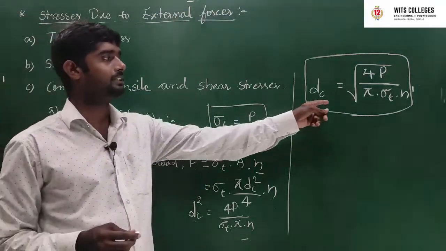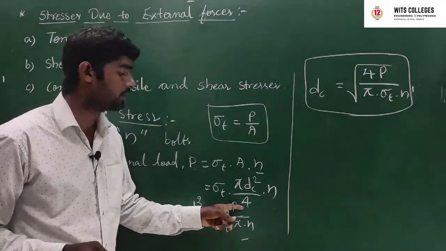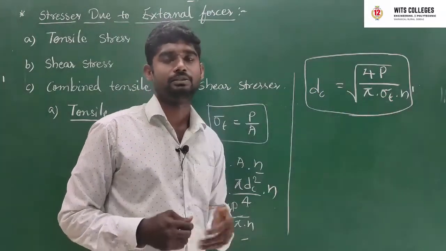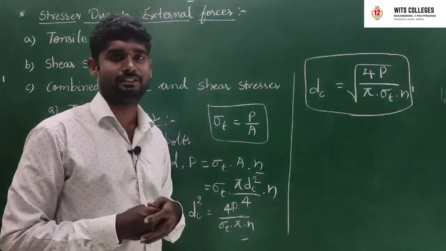So dc is equal to the square root of 4P by pi into sigma T into n. This is the dc formula for tensile stress, where the external load P is sigma T into A into n, with A as the area of the bolt, pi dc square by 4.